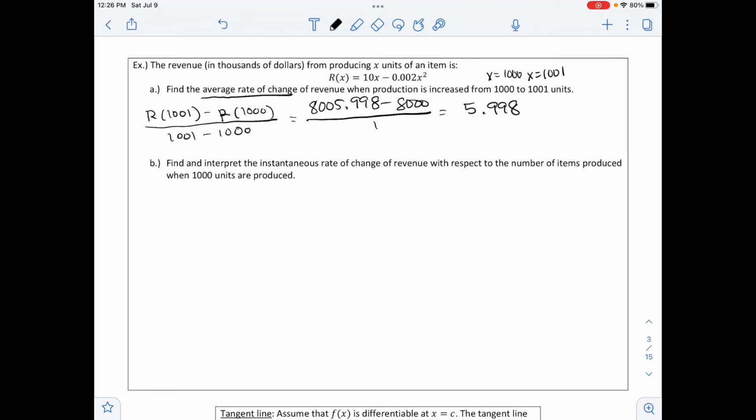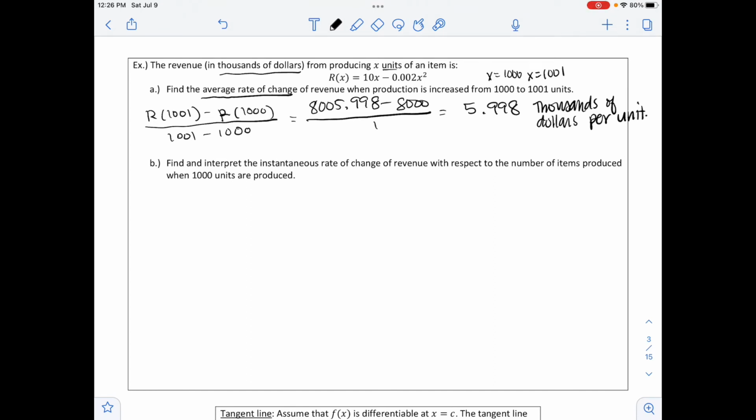One of the big things here is that we always need to make sure we put down units. It makes a big difference when we talk about this. And this is revenue in thousands of dollars. So this is the average rate of change. So this is going to be 5.998 thousands of dollars per unit, since that was what we have.